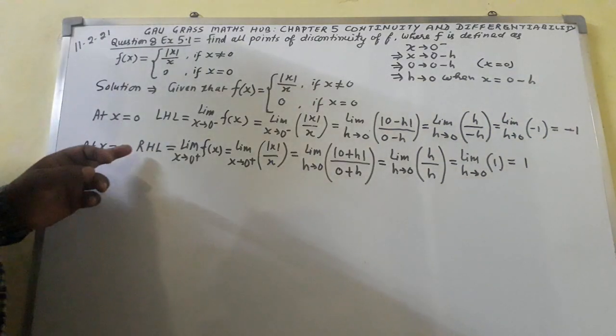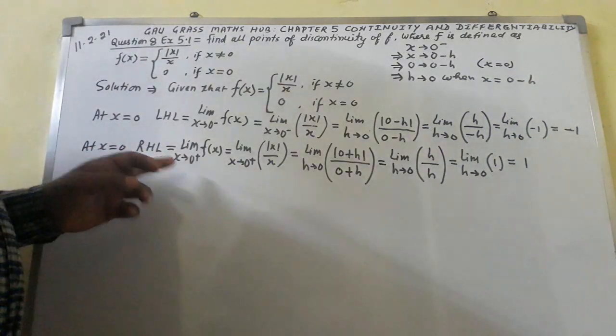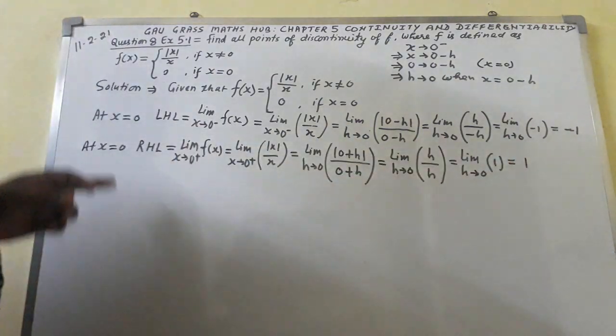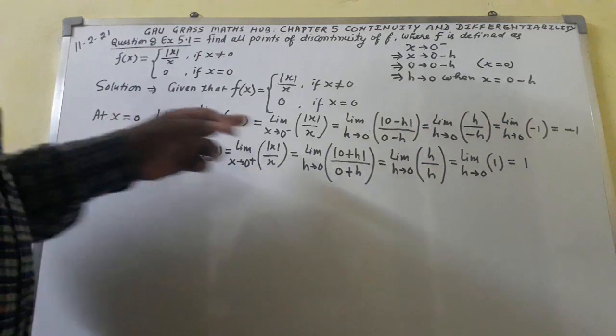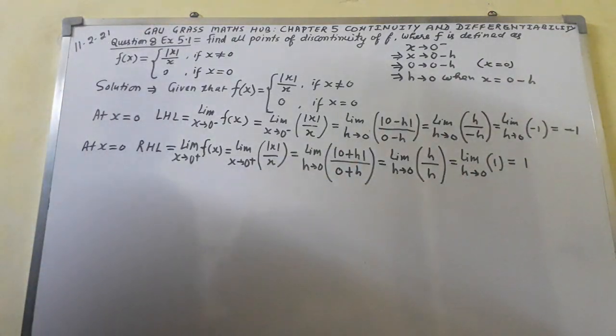At x equal to 0, the value of the right hand limit is 1 and the value of the left hand limit is minus 1. So we see that the left hand limit is not equal to the right hand limit at x equal to 0.